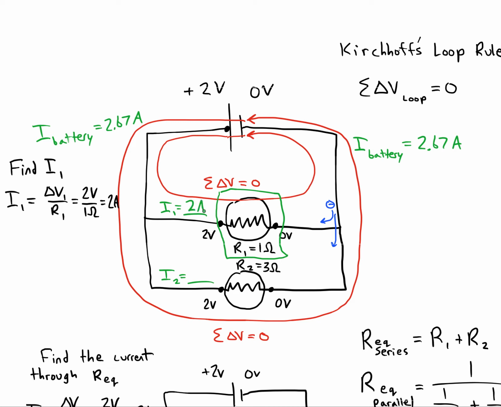So this is 2 amps. Then we can find I2. I2 is delta V2 over R2, 2 volts over 3 ohms, 0.67 amps. And now we've solved everything about the circuit.